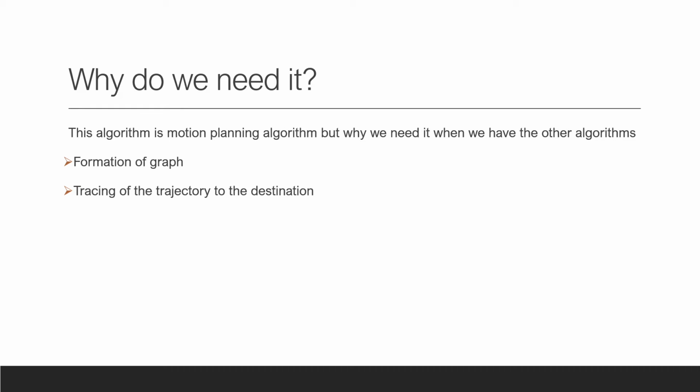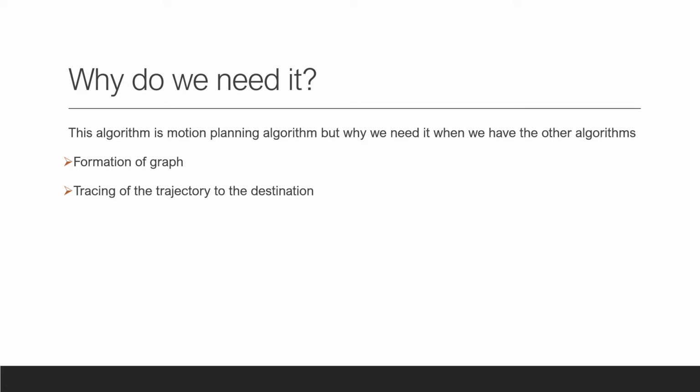First of all, why do we need this algorithm when we have so many algorithms in place to plan the motion? For that reason, I'll give you an example. We have already learned the Dijkstra and the A star algorithm, and moreover, we have also learned the Grassfire algorithm. In those algorithms, we had a graph and we had the cost already related to the paths.